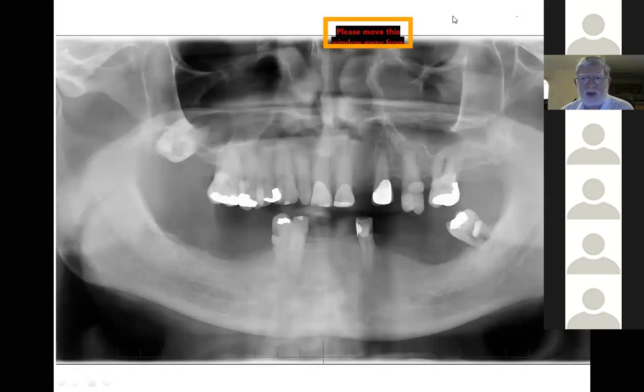Okay, anything interesting here? So the answers we've got so far: impacted canines, your dens, external resorption on the 3.7, and impacted 1.8.